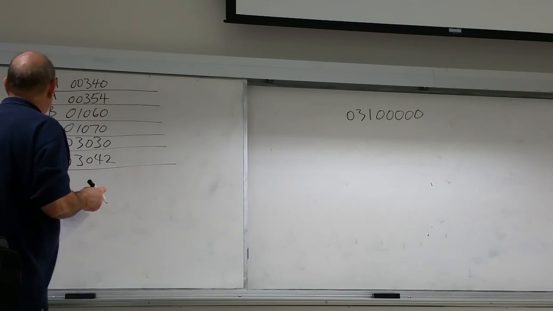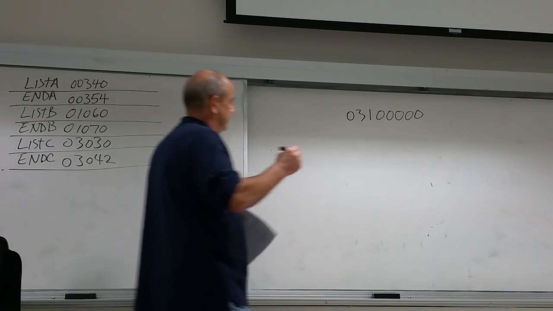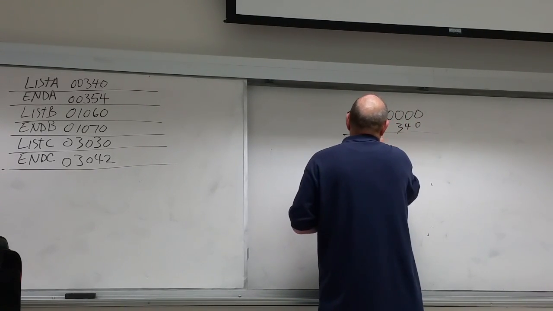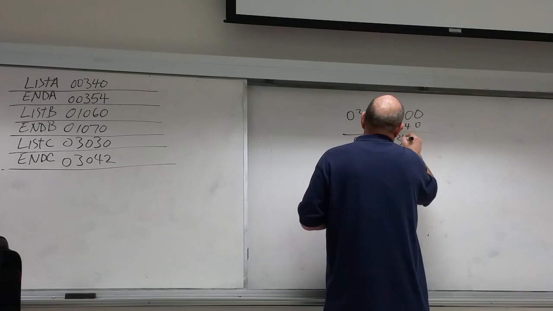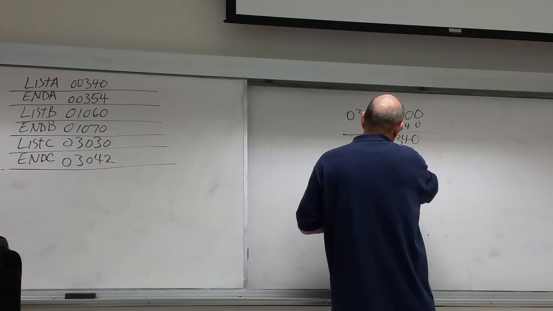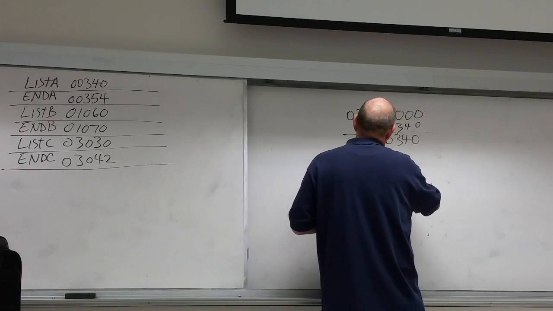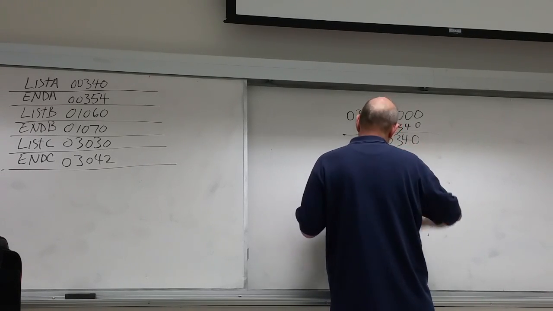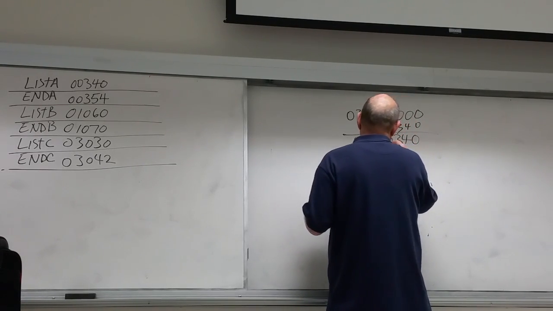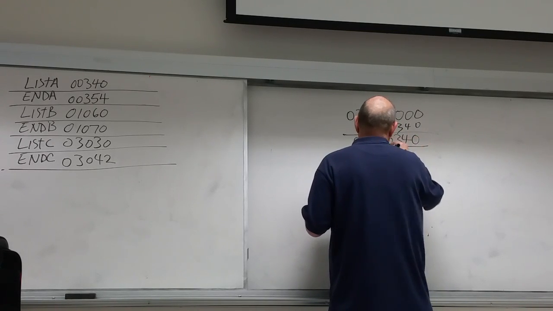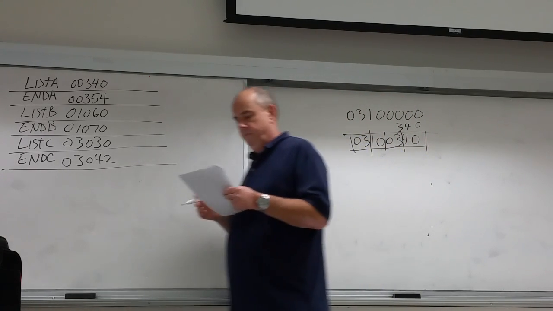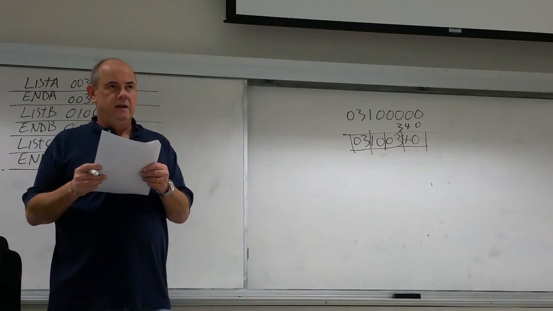Well, list A is 340, which then gives us too many digits. That's 5. 1, 2, 3, 4, 5. That's right. Okay, I can't count. There they are. Are we good?